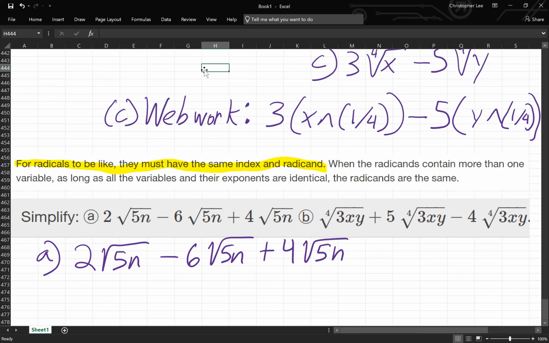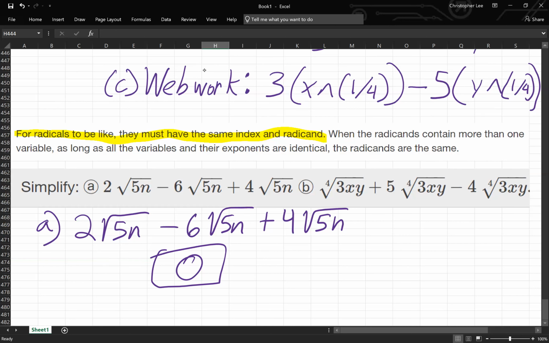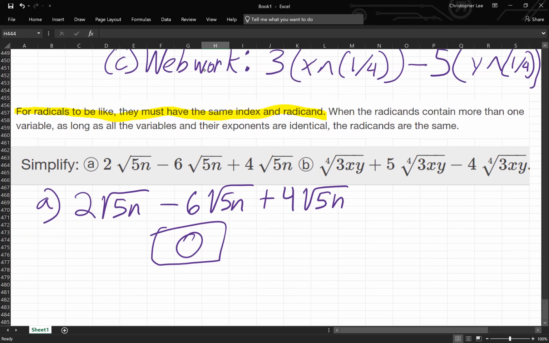They all have the same radicand. So I'm just dealing with the numbers in front. So 2 minus 6, what's that? -4, right? And then -4 plus 4? Very good. So that's my answer right there. Well, anything times 0 is 0, so yeah.